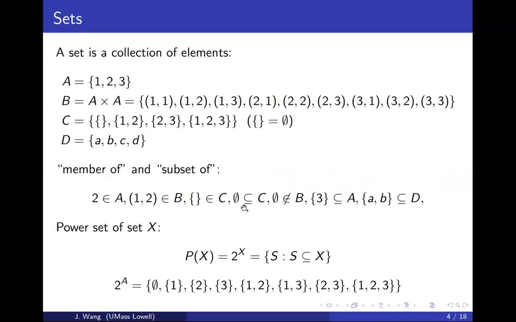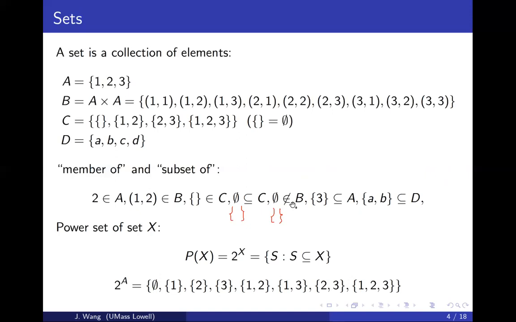And now, this empty set, remember, this is an empty set. So this empty set is a subset of C. Actually, an empty set is a subset of any set, because it doesn't contain anything.